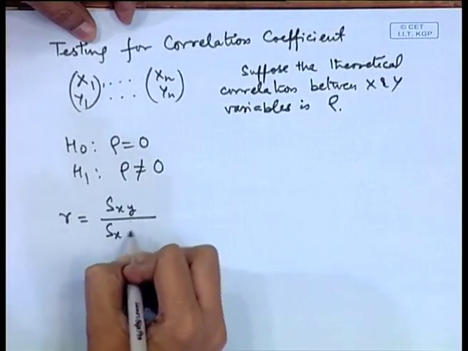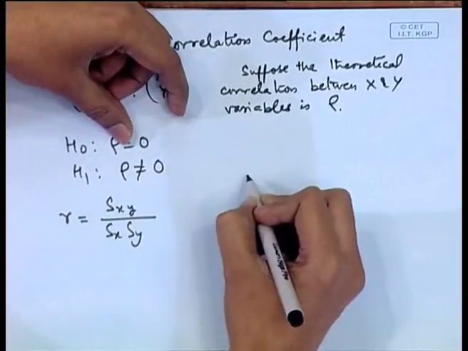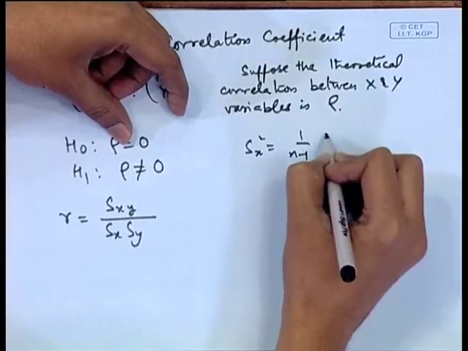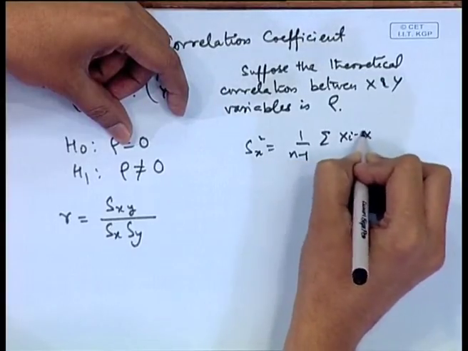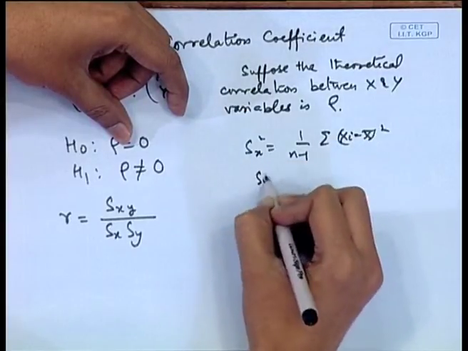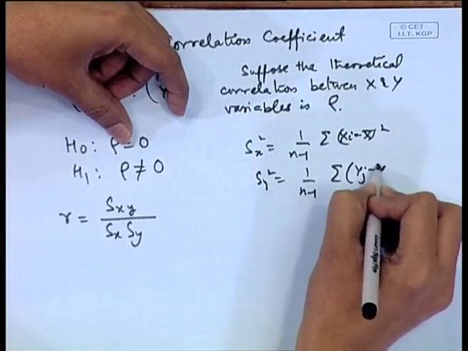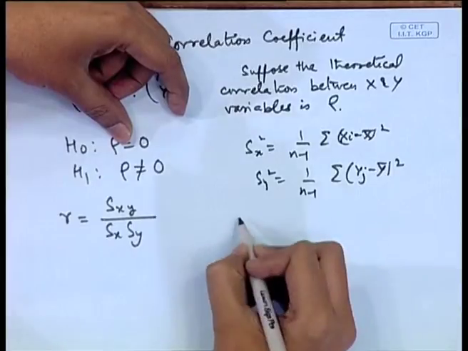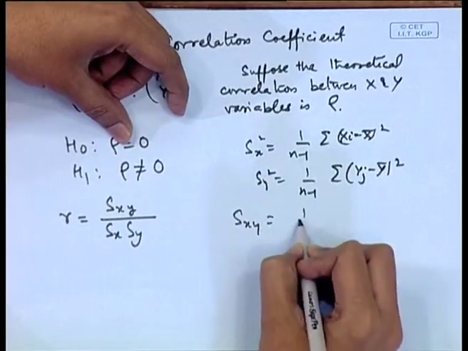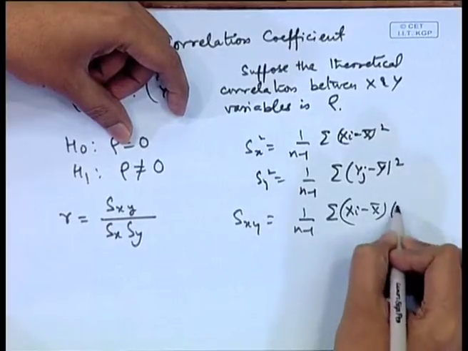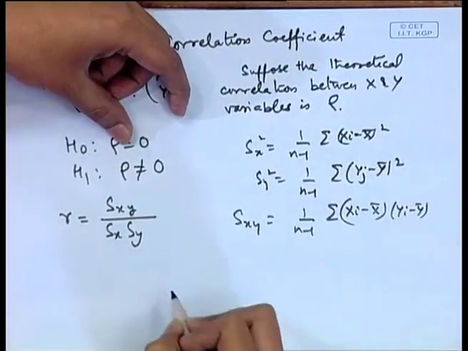So, for this we calculate the sample correlation coefficient, that is r, that is equal to S x y divided by S x S y, where S x square is 1 by n minus 1 sigma x i minus x bar whole square, S y square is 1 by n minus 1 sigma y i minus y bar whole square, and S x y is equal to 1 by n minus 1 sigma x i minus x bar into y i minus y bar.